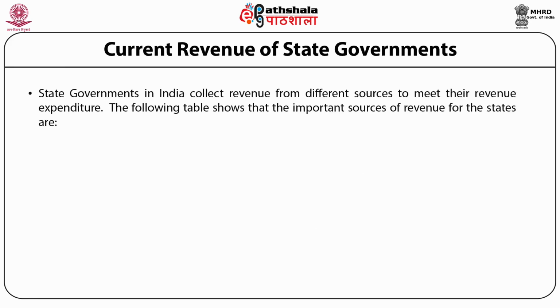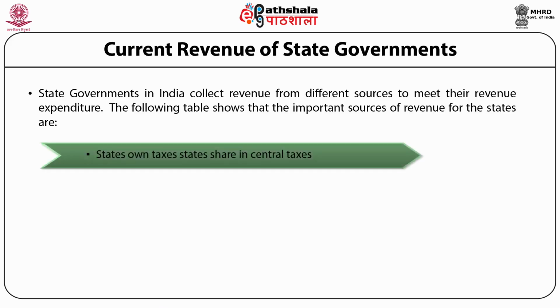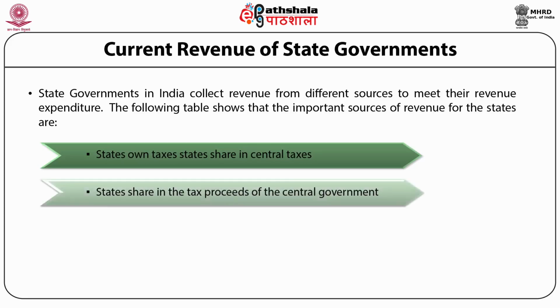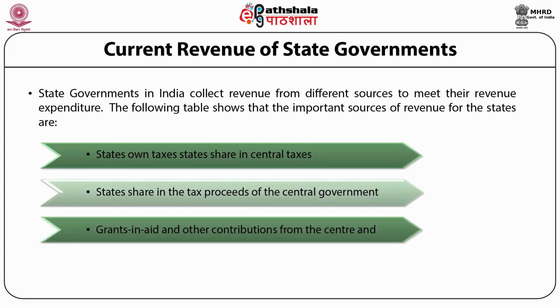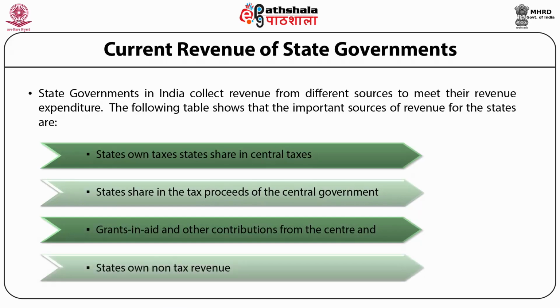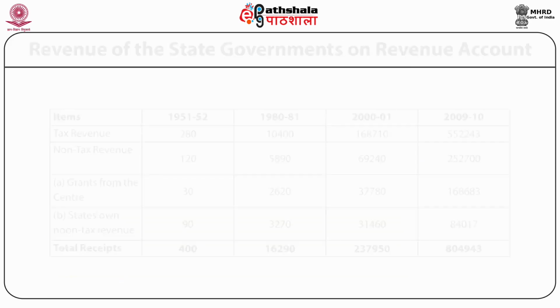State governments in India collect revenue from different sources to meet their revenue expenditure. The following table shows that the important sources of revenue for the states are state-owned taxes, state shares in the central taxes, state share in the tax proceeds of the central government, grant in aid and other contributions from the center, and states' own non-tax revenue.